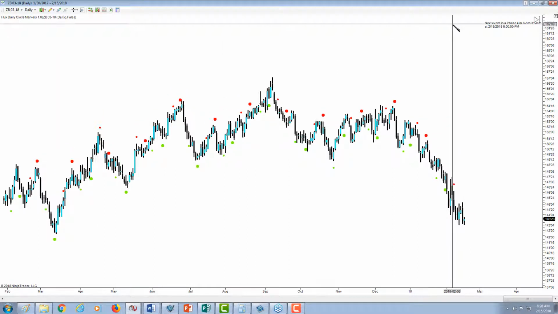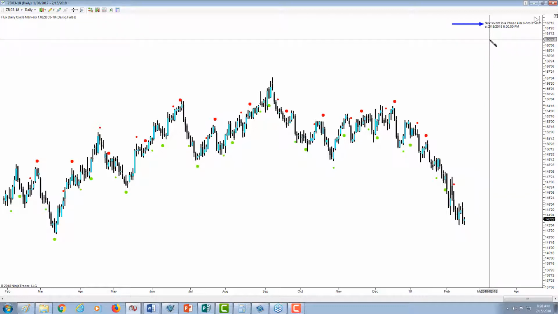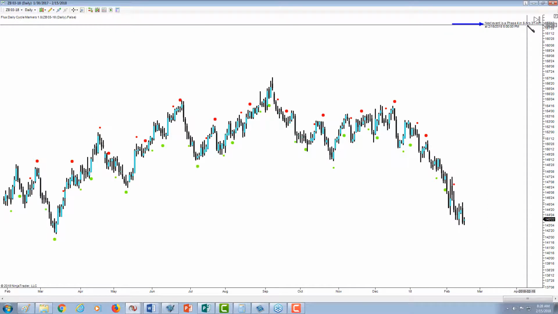So in the upper right hand corner, you'll see with the daily cycle marker tool, it's now part of this alpha package, the computer is telling us, the software is warning us, hey, in 8 hours and 31 minutes, you're going to receive a pattern 4 signal on your bar. Okay?